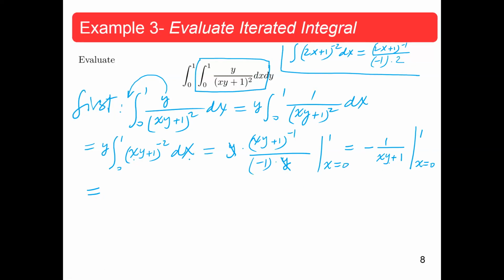Once you have the antiderivative, the next step is pretty straightforward. You're going to plug 1 in for the x and plug 0 in for the x. Once we plug 1 in, we have -1 over y plus 1.